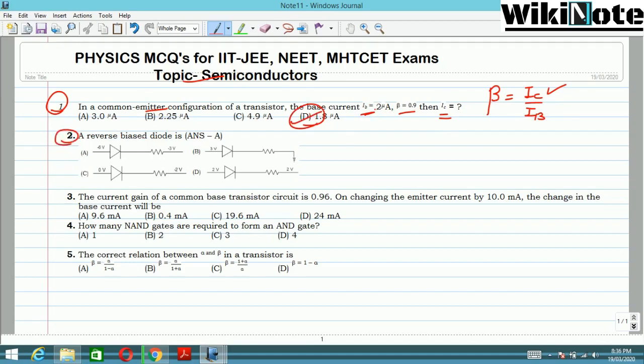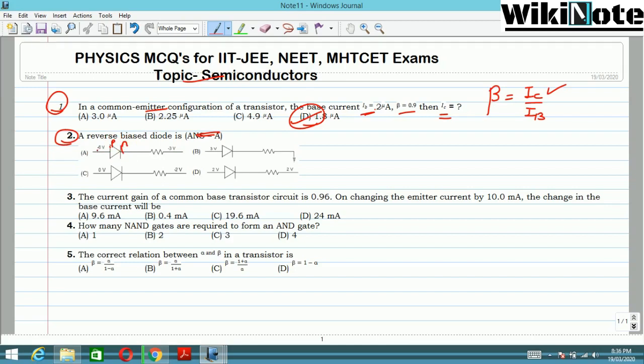Second, this is quite interesting. A reverse bias diode is, so answer A, sorry for this. But how to check this reverse bias diode? Always keep in mind, guys, how to tackle this question. You have to check the voltage which is present at the P side as well as the N side. So for the diode, this is P side and this is N side, this vertical line.